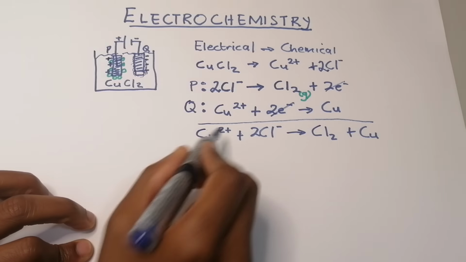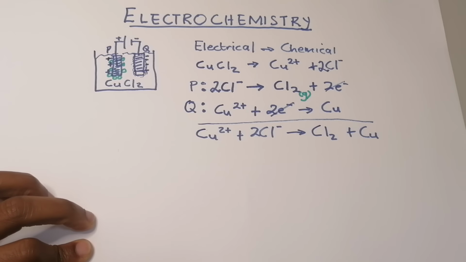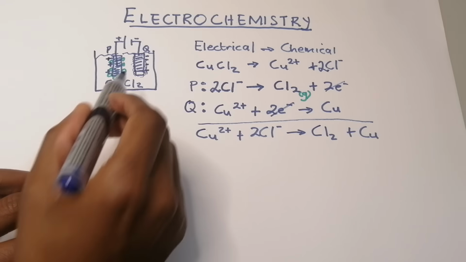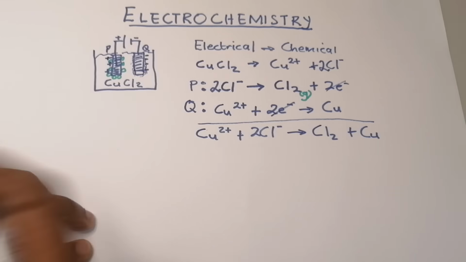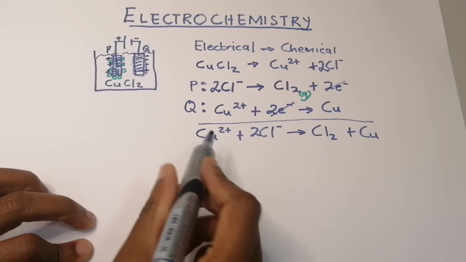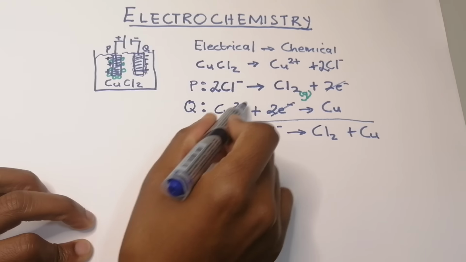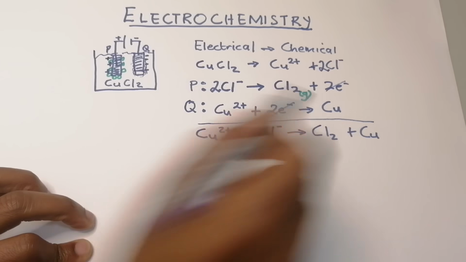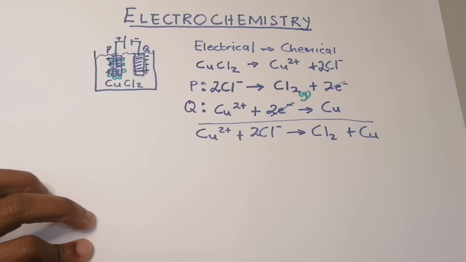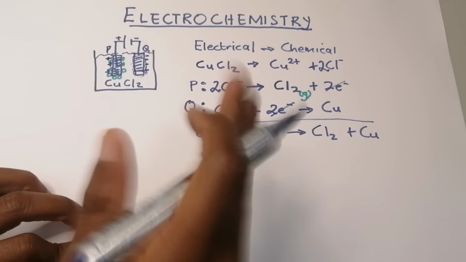Your copper 2 plus ions are blue in color, so this solution would typically be a deep blue color. But the more the reaction takes place, I'm using up those copper 2 plus ions and converting them into copper. So as a result, that blue color would begin to fade.